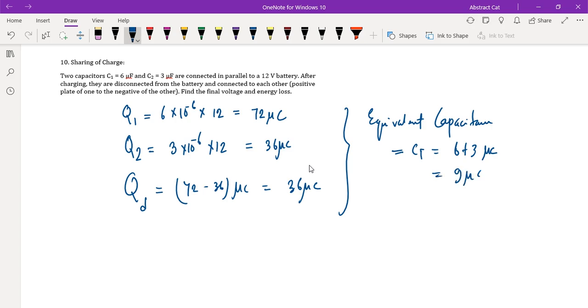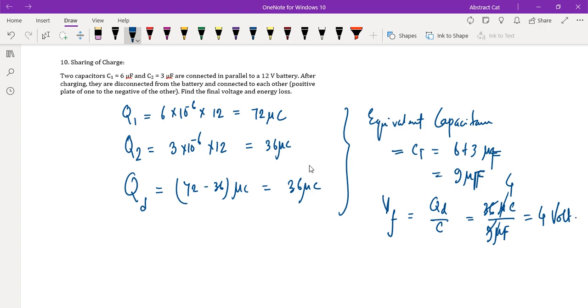So final voltage is equal to the charge difference QD by total capacitance, 36 microcoulomb by 9 microfarad. They cancel these two, so 4 volt.